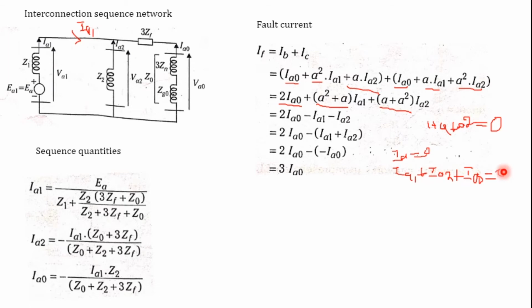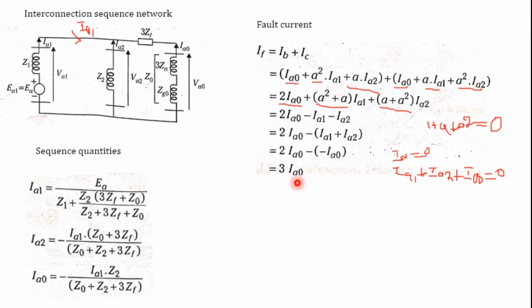From this we can write Ia1 plus Ia2 is equal to minus Ia0. So this is what we are writing. Hence minus into minus is going to be plus, so If will become 3 times Ia0.